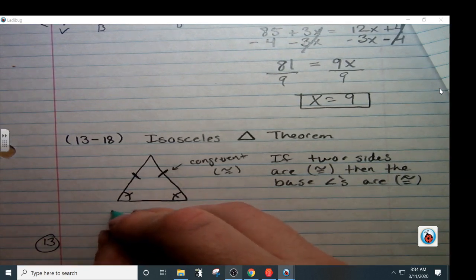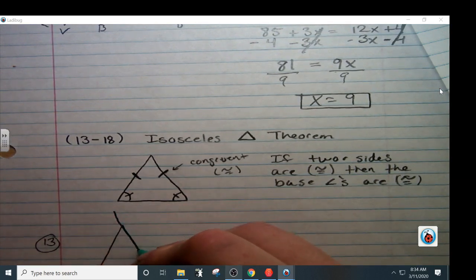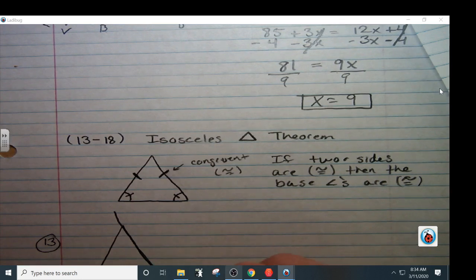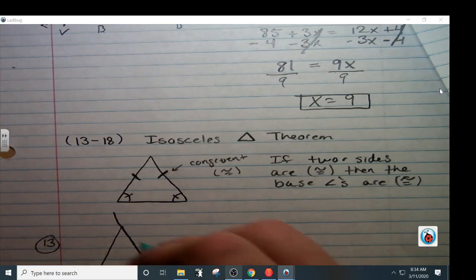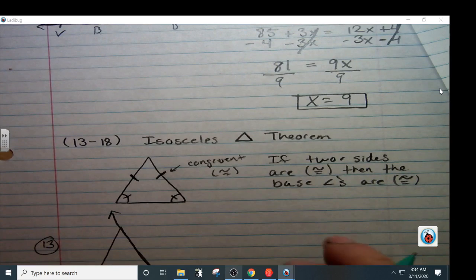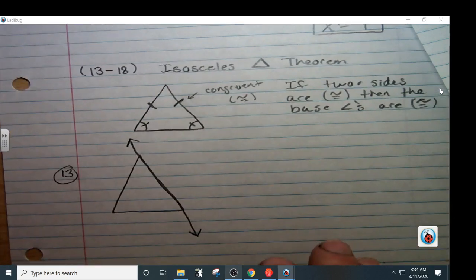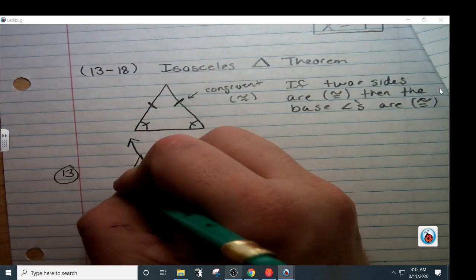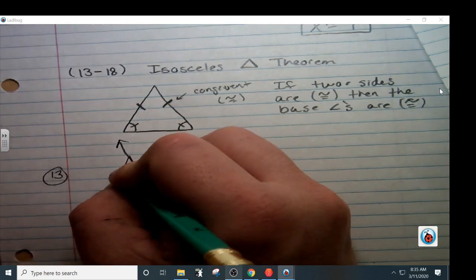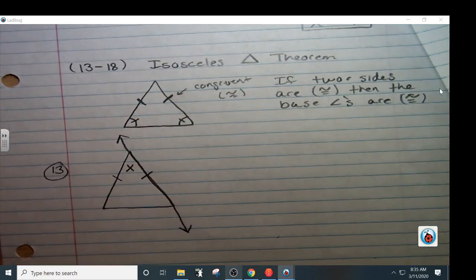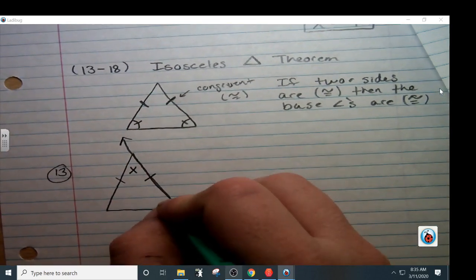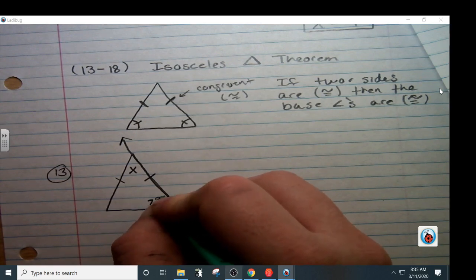And guys, also remember, it still is a triangle, so the triangle sum theorem still applies. Okay, it's given to us that this side is congruent to this side. We need x. And we're also given that this angle is 73.